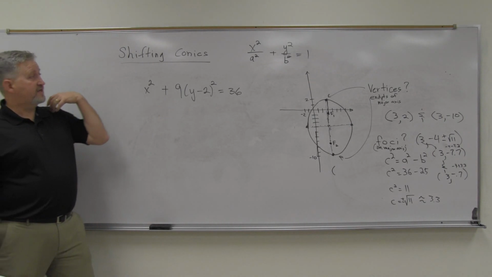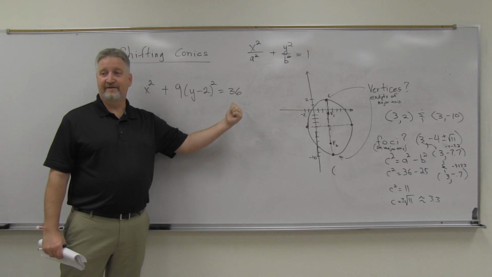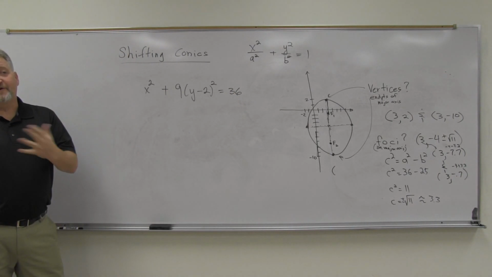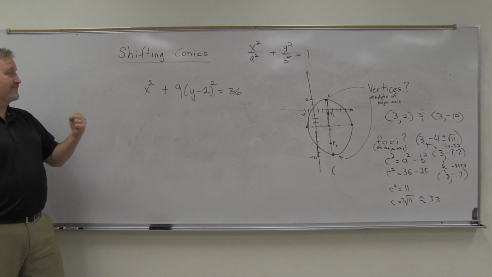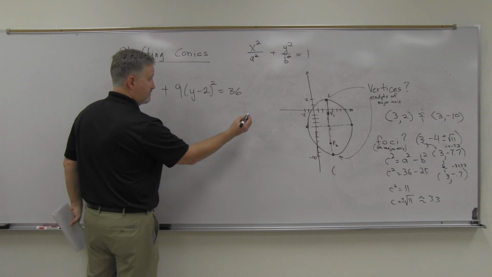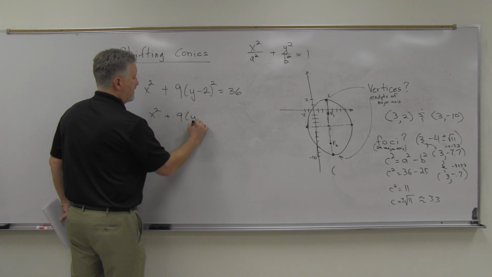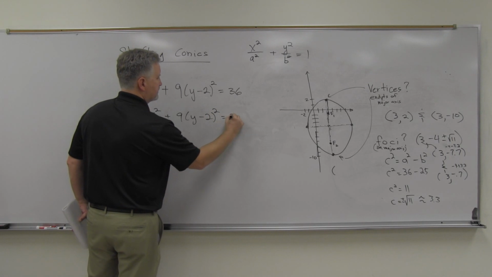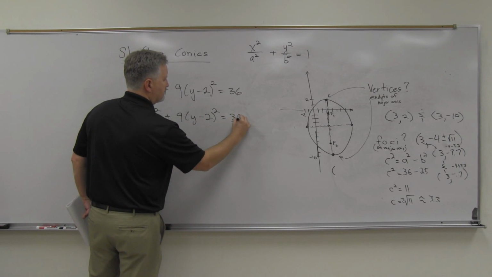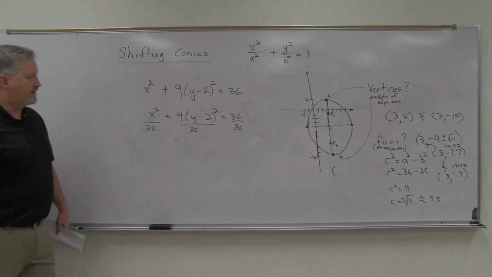Now, since it's an ellipse, I need one side to be 1 to figure this out nicely. So first step here, divide both sides by 36, which means I'm going to divide everything by 36.